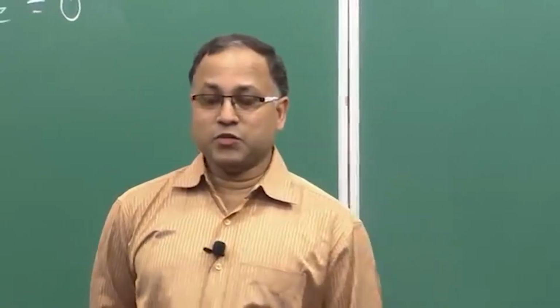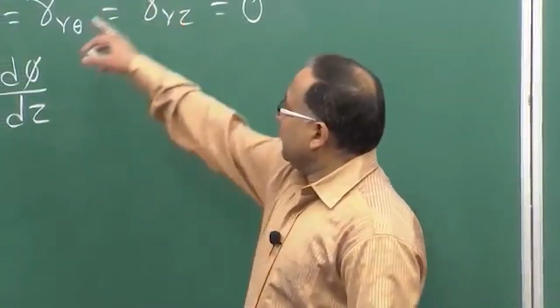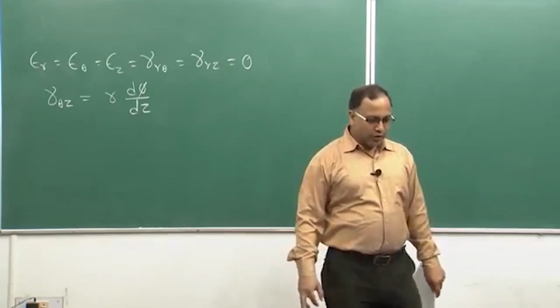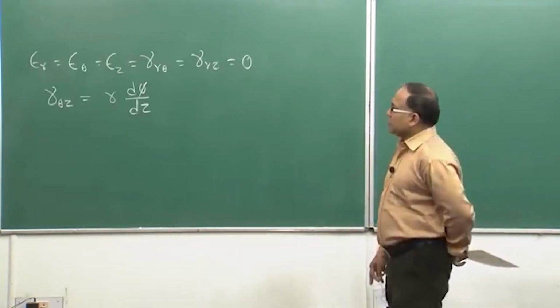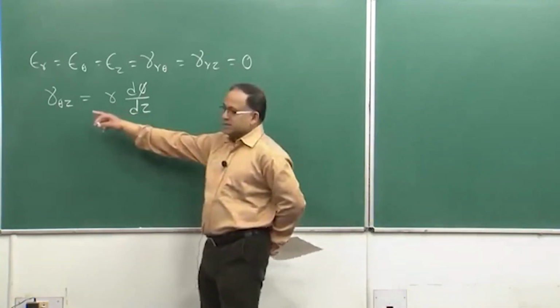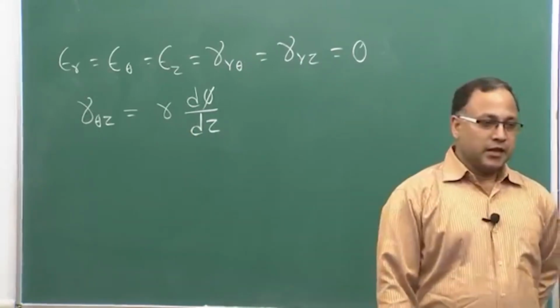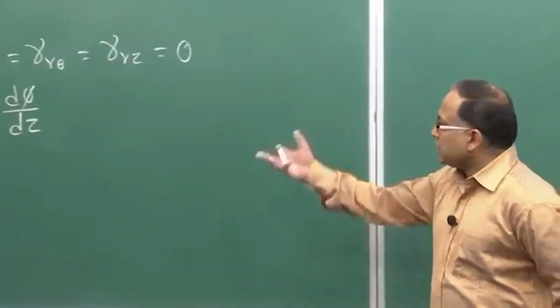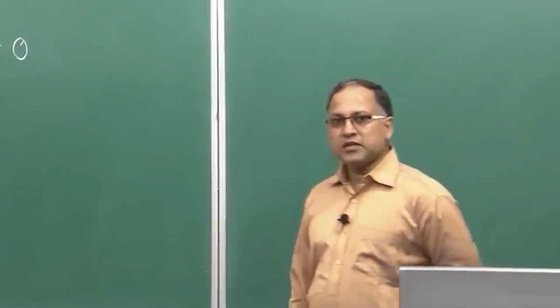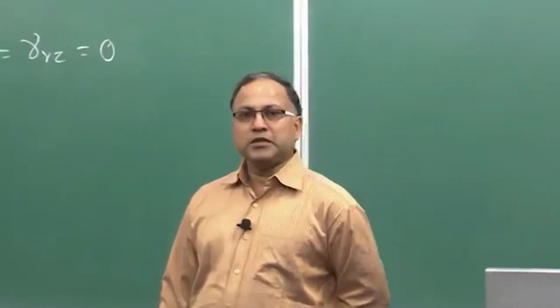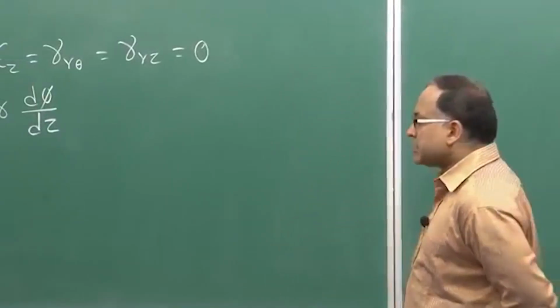Welcome back to the course Mechanics of Solids. In the last lecture we developed these strain components. All the strain components are 0 except gamma theta z, which was derived as r into d phi dz. Based on these strain components we can calculate the stress components using Hooke's law, whatever we have discussed earlier.